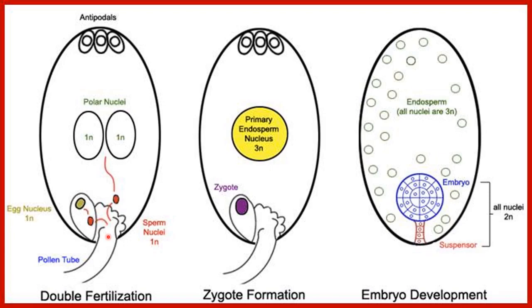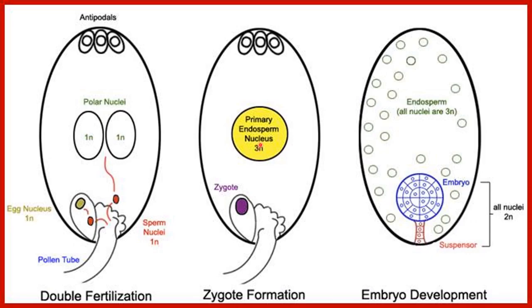Now one of the male gametes fuses with the egg cell. See here, this one male gamete is fusing with this egg cell and another male gamete is fusing with the polar nuclei, right? So what will be formed here? By the fusion of the egg cell and this male gamete, the zygote has been formed. And by fusion of the polar nuclei and this male gamete, the primary endosperm nucleus is formed.